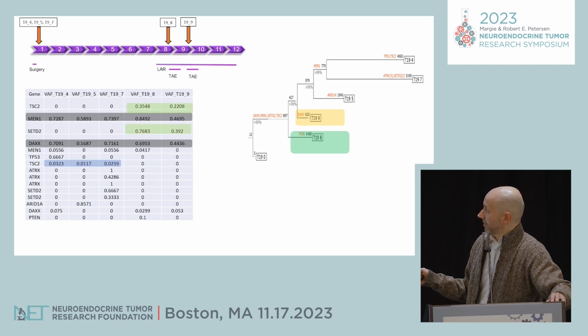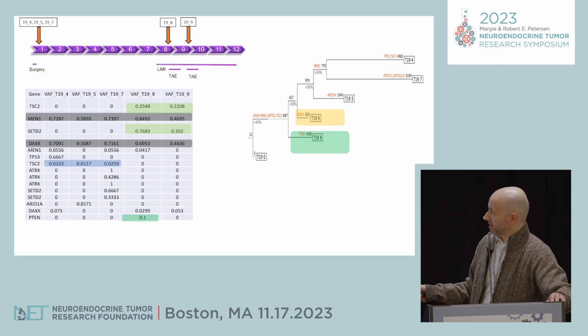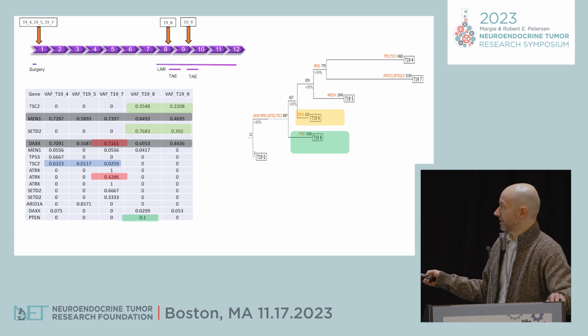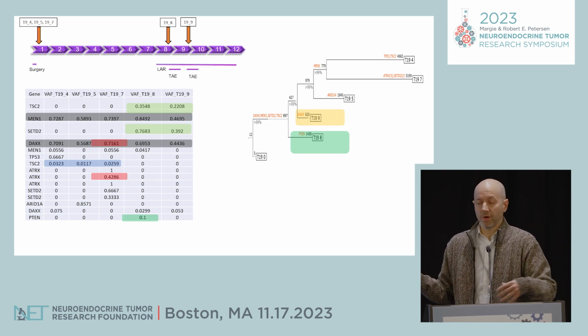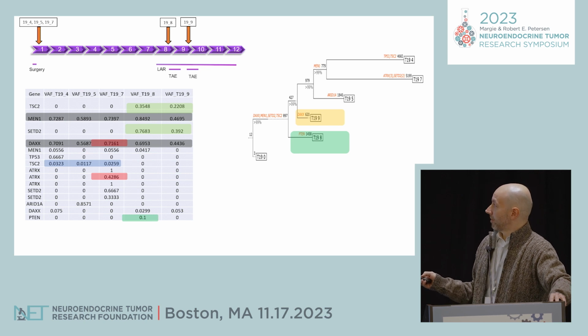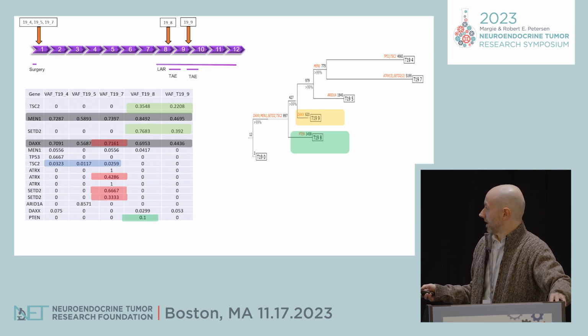And then at some point, something happens where TSC2 has two variants, one here, and that seems to give rise to this low-grade region, and then this separate region here, and then this region is separately divided by this PTEN. You also see this interesting thing I showed you before: DAXX and ATRX are sometimes in the same sample, which obviously just means that there's subclonal architecture within each of these as well. And so more is to be done about that.